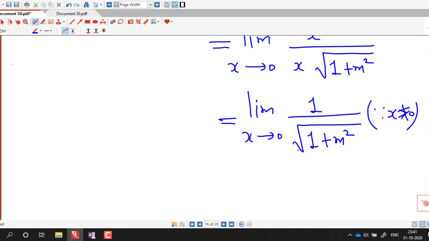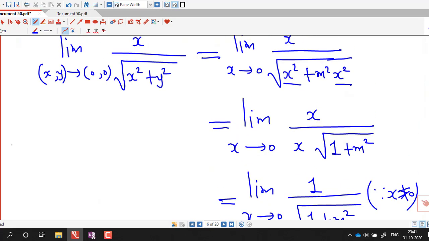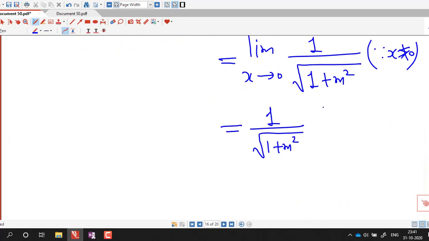Now this limit is independent of x, so the limit is 1 over square root of (1 plus m square). So you can see here the answer depends on m.